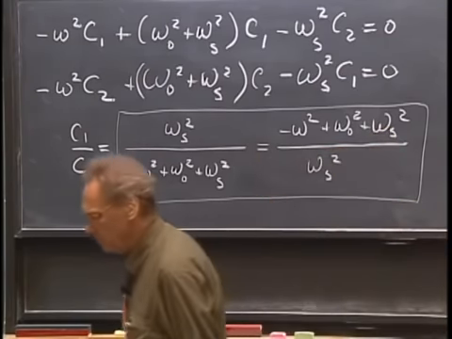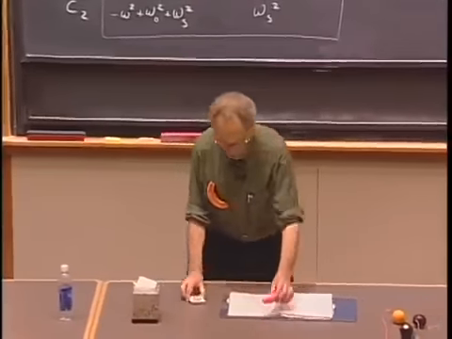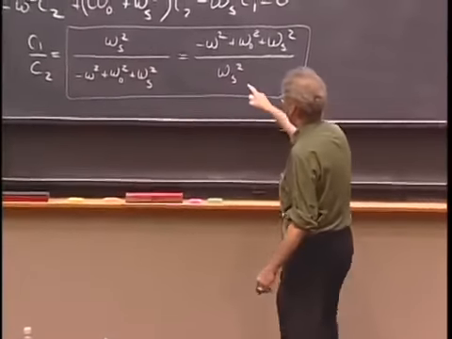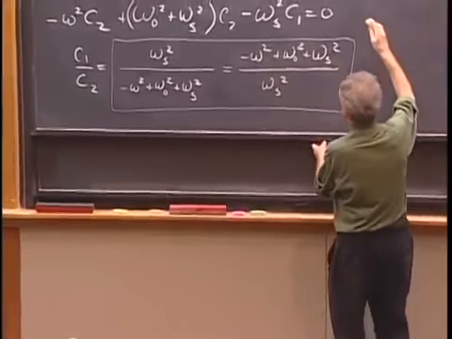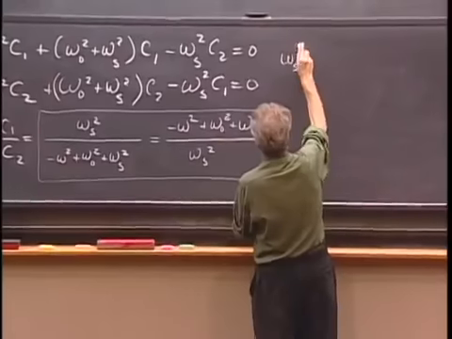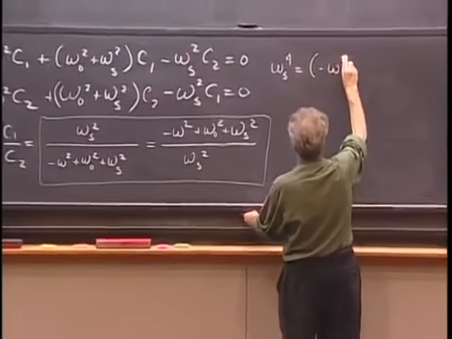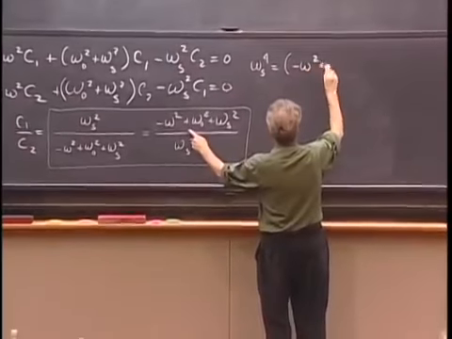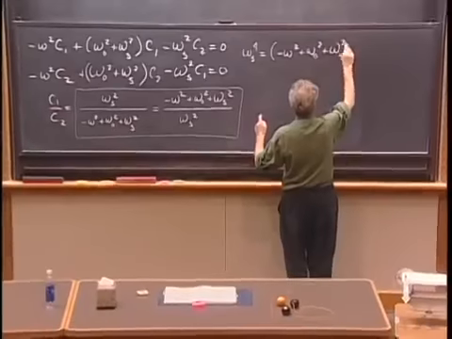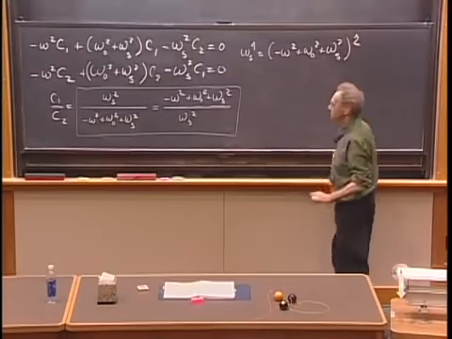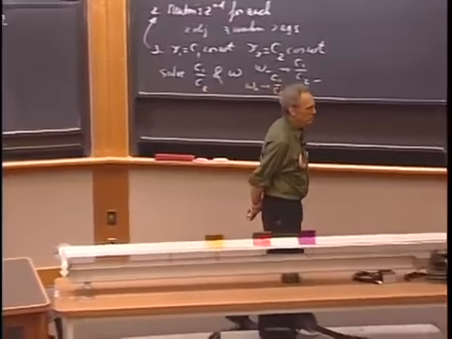So what do I do now? Well, I'm going to simplify this one step further, which is now very easy. I multiply this by this, and this with this. So we get omega s to the power 4 is minus omega squared plus omega 0 squared plus omega s squared, squared. One equation with one unknown.